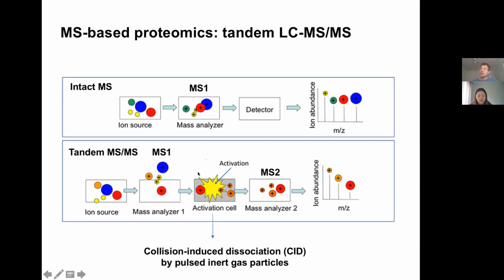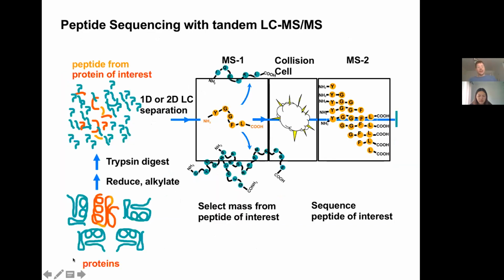And from that, you can identify that specific peptide and then associate it with the MS1 level identification that you got initially. Okay, so that is the basics of tandem MS.